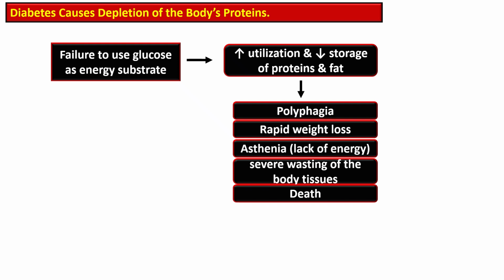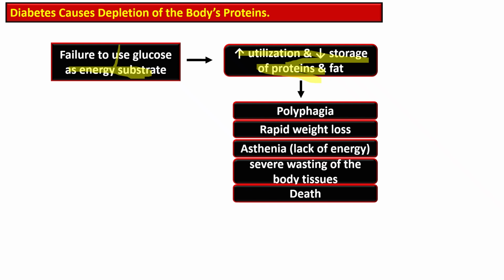So the key points are that glucose is not used as an energy substrate effectively due to deficiency of insulin or resistance to insulin, and the cell cannot take up glucose efficiently, leading to an energy crisis.